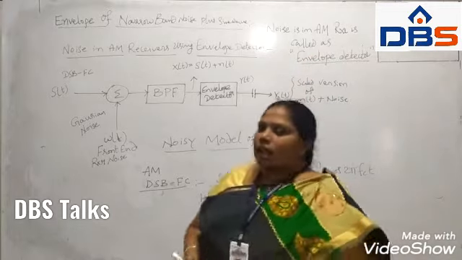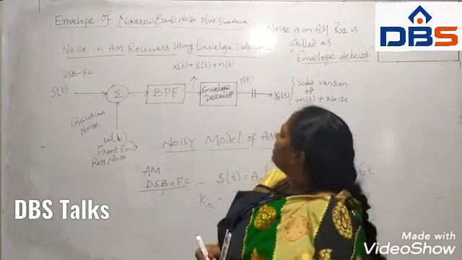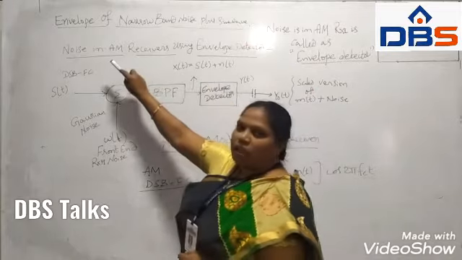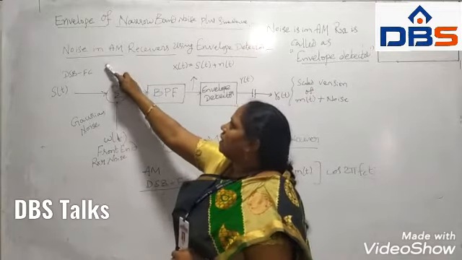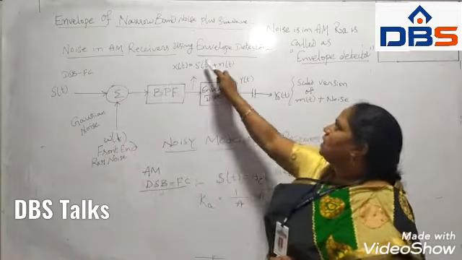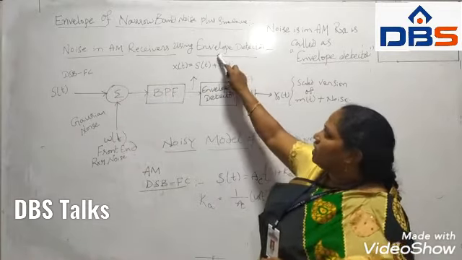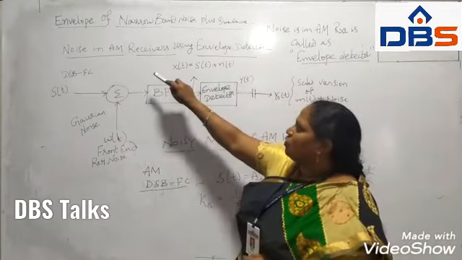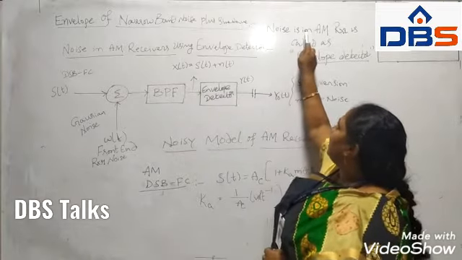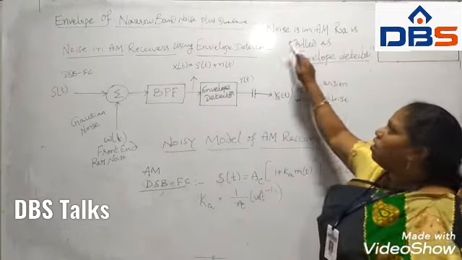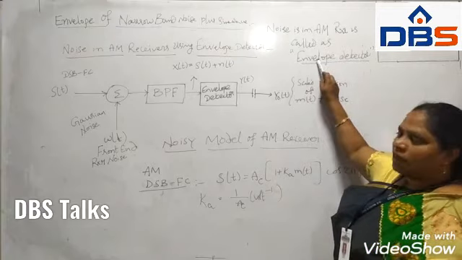So here, the envelope of narrowband noise plus sine wave. First we have to see the noise in an AM receiver using an envelope detector. So we define the envelope detector in terms of noise. The noise in an AM receiver is also called the envelope detector.